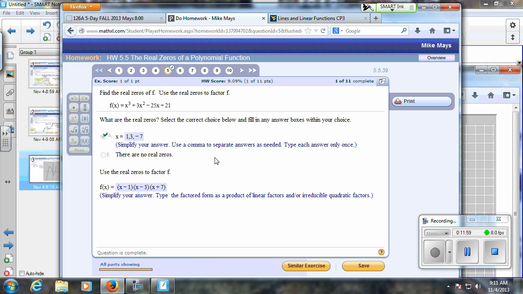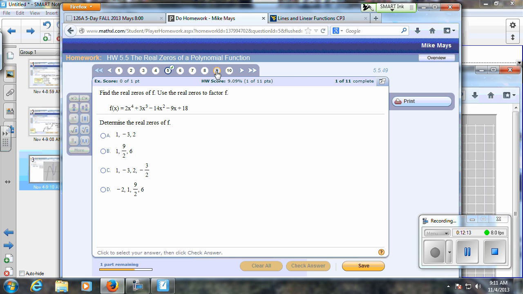So back and forth between what the solutions to the equation are and what the factored form looks like. Now let's try another one. Find the real zeros. Let's do a little bit of test-taking strategy on this.